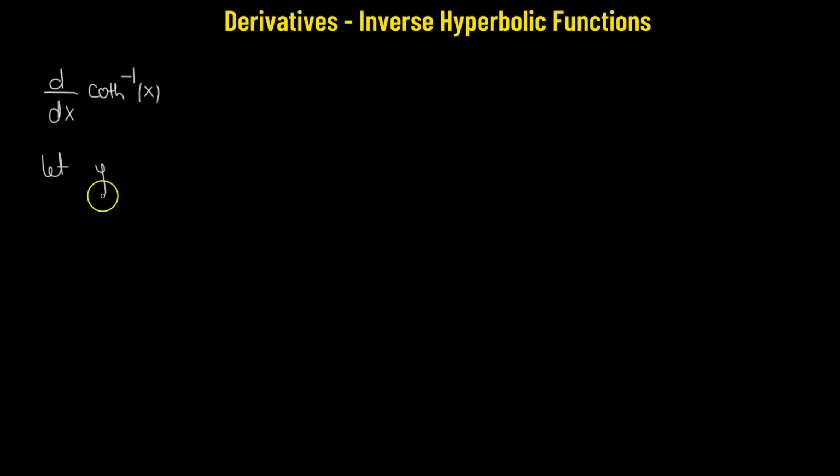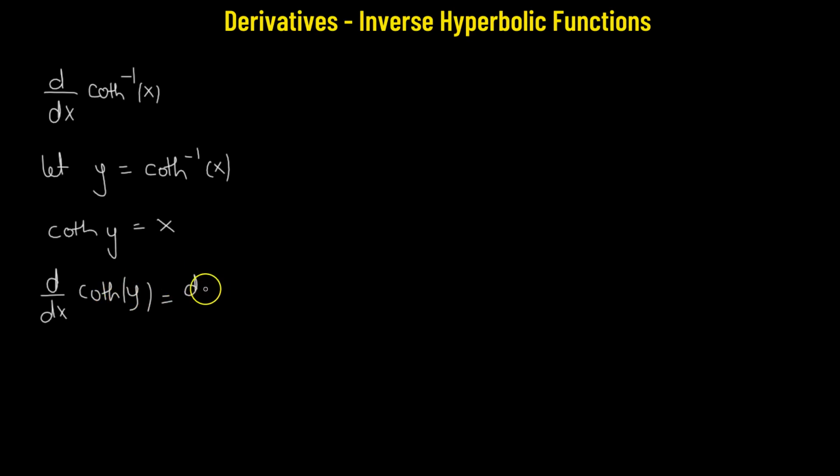So we'll begin by supposing y is equal to cot hyperbolic inverse of x, or simply cot hyperbolic y is equal to x. Taking the derivative on both sides with respect to x, we have the derivative with respect to x of the hyperbolic cot function, which is equal to the derivative of x with respect to x.